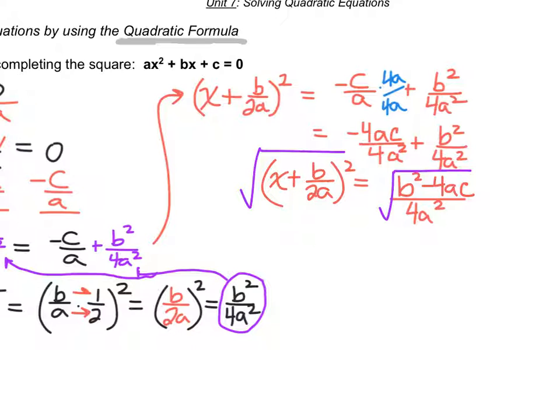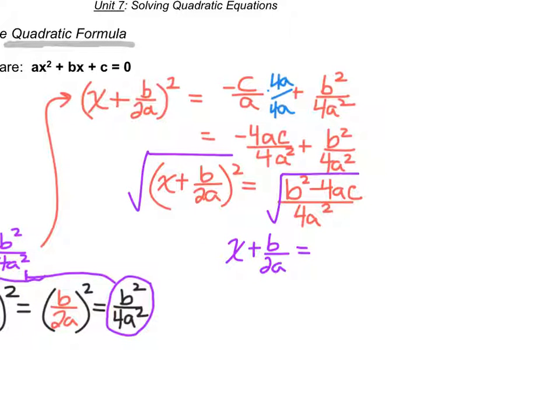So on the left-hand side, we're good. We just killed the power of 2. x plus b over 2a. On the right-hand side, on the top, we can't do anything with that because it's not a perfect square, right?